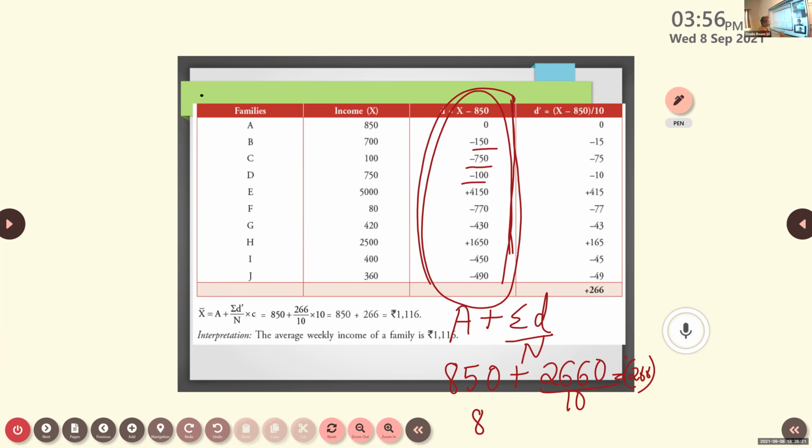So 850 plus 266 is equal to 1116. All of you completed? Those who have completed, did you get this answer? Just check.